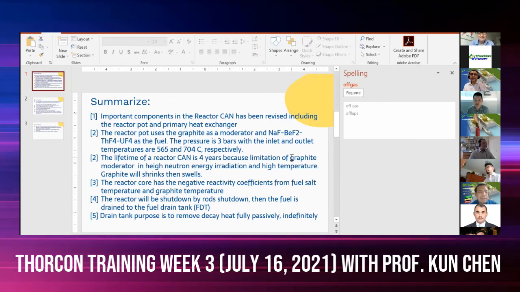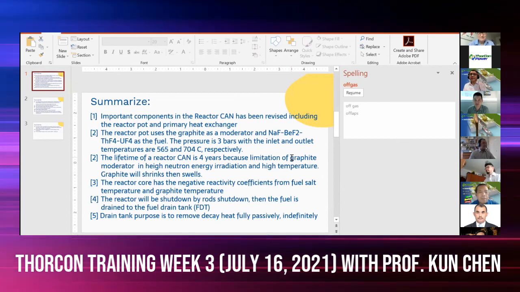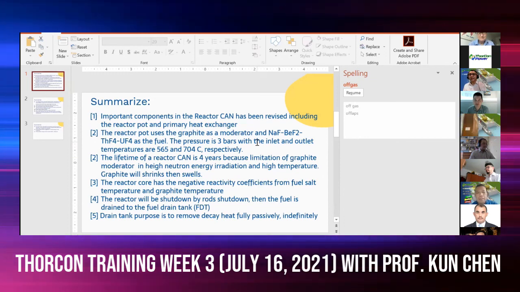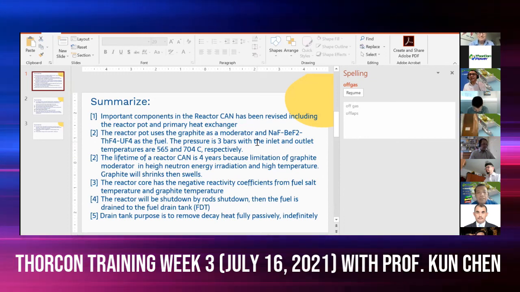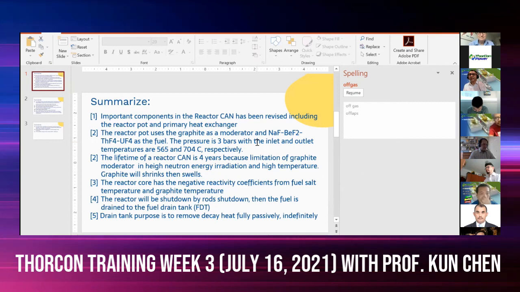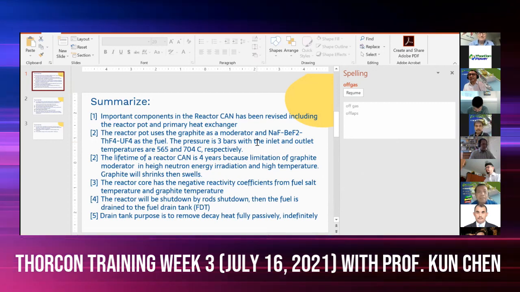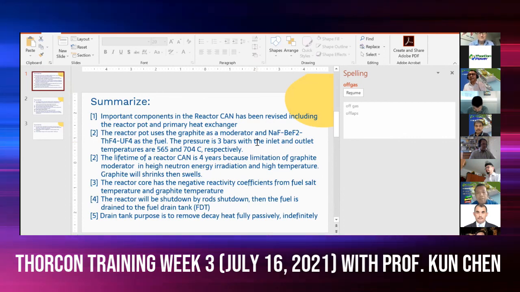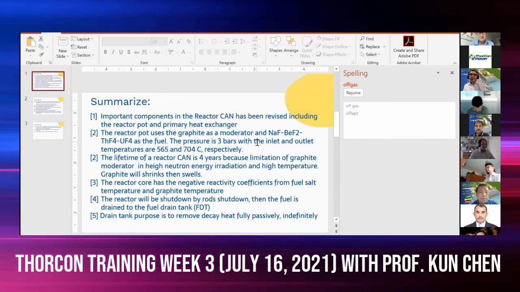I think the point number one, we have to say that the important components in the reactor can have been revised, including the reactor pod and primary heat exchanger. The reactor pod uses the graphite as a moderator and NaBe as the fuel.